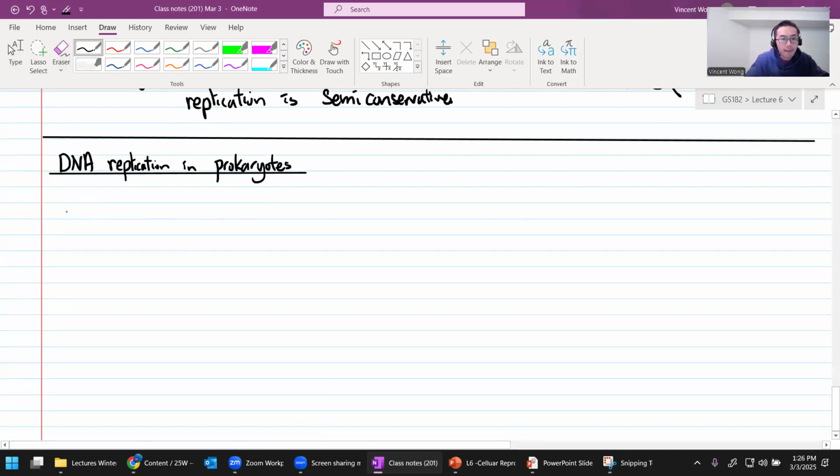Okay, so let's start small in the corner here. We have two strands of DNA. Okay, two strands of DNA. And DNA strands are complementary, meaning if you know one side, you can predict the other side.